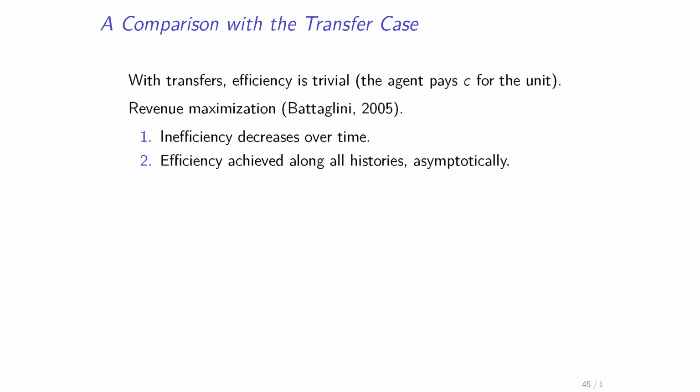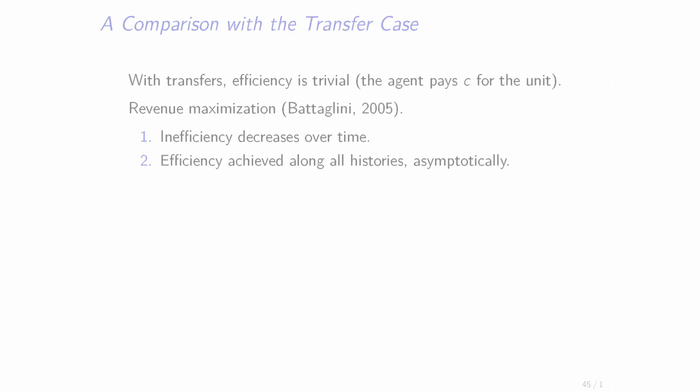Now, with transfers, efficiency is trivial. And if we go back to Bartagnini's paper with revenue maximization, we have the observation that inefficiency will decrease over time, and efficiency is achieved along all histories asymptotically.